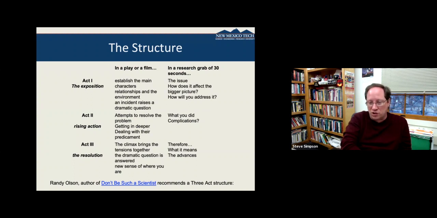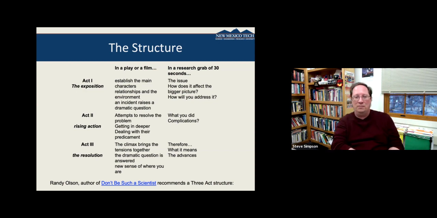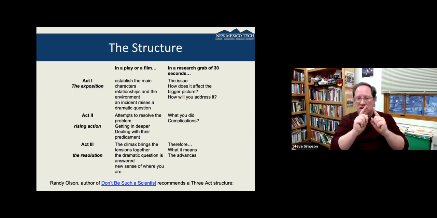Now, the structure of the talk. This is actually a very common structure that I'm showing you for an elevator pitch. And this comes from a book by a guy named Randy Olson, Don't Be Such a Scientist. But actually, after the workshop, go back to the sample presentation that we saw earlier with this slide in your mind.